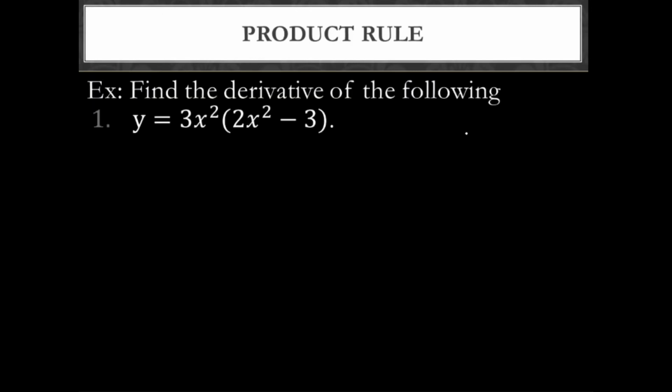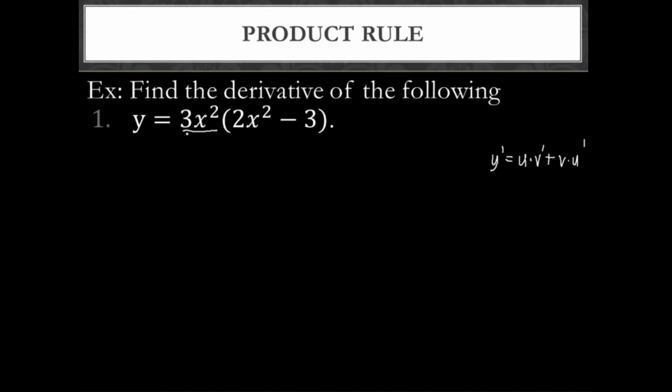So kapag product rule, kasi this is product, di ba? You need to multiply them. Sabihin natin yung first term ay u times v prime plus v times u prime.